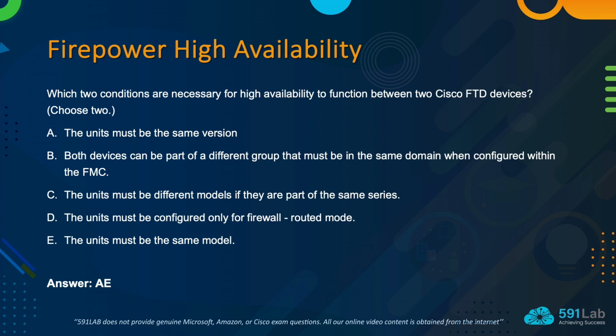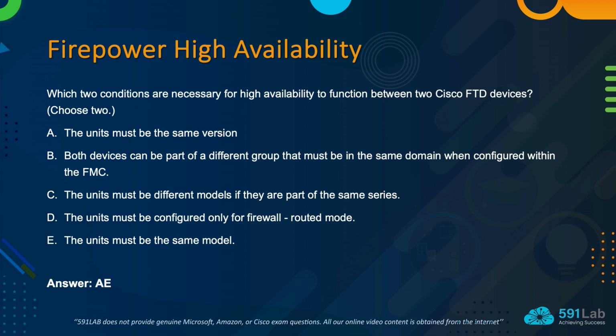Here is why the other options are incorrect. Let's discuss that as well. Option B. Both devices can be part of a different group that must be in the same domain when configured within the FMC. While both devices can be in different groups, they do not need to be in the same domain within the Firepower Management Center.